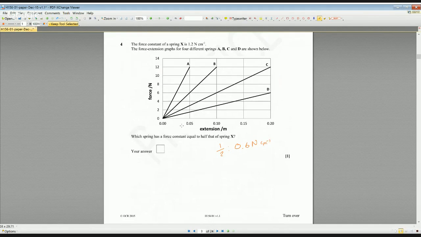Well, first little hurdle they have here is that the extension has been given to us in metres. We're more interested in centimetres here because our initial one's been given in centimetres. So that's 5 centimetres. That won't be 10. That's 15 centimetres. And that's 20 centimetres.